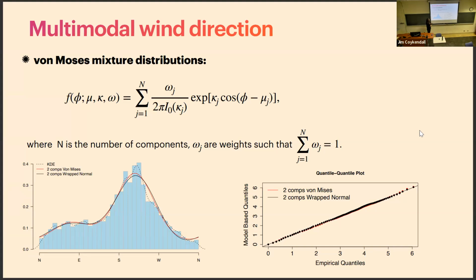We fitted this data with two distributions: a two-component von Mises distribution, which is labeled by the red curve, and a two-component normal distribution, which is labeled by the black curve. From the quantile-quantile, or QQ, plot, we see that in this case, both distributions do a good job approximating our data.